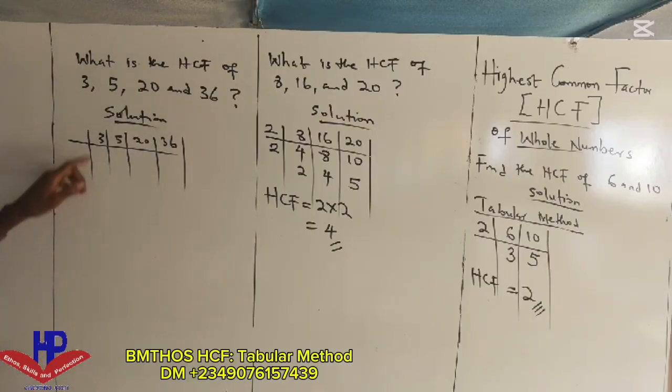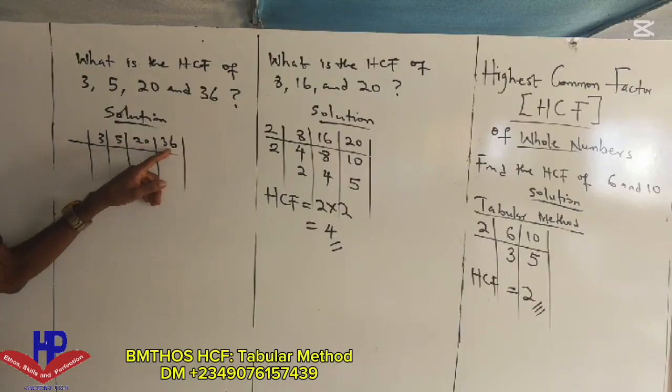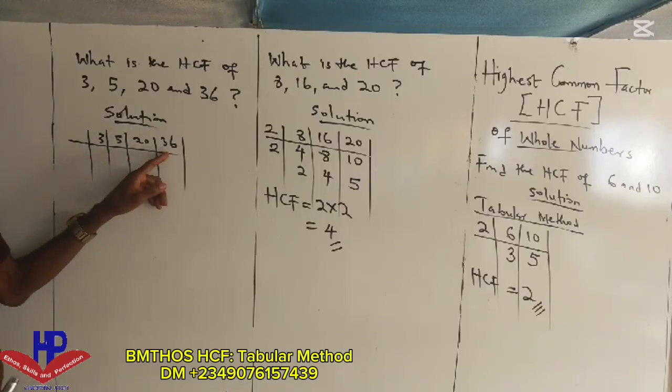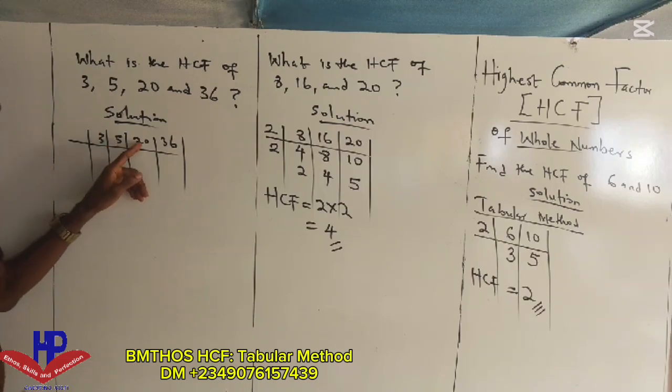What number can divide 3, 5, 20, 36 at the same time? A number can divide 5 and 20, which is 5, but cannot divide 3 and 36. 3 can divide 3 and 36, but cannot divide 5 and 20.